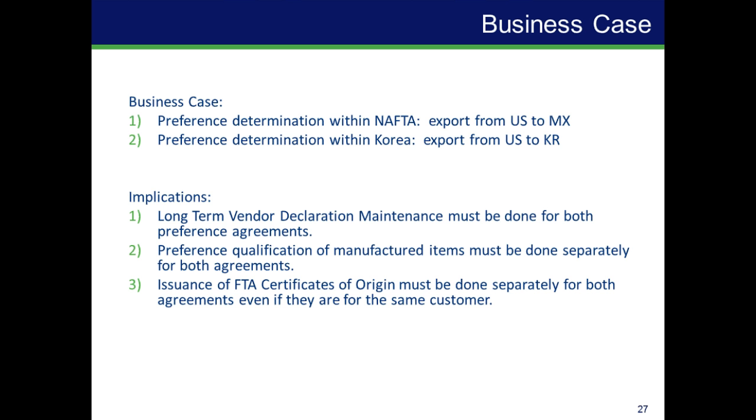And then you would have to issue free trade agreement, FTA certificates of origin, such as NAFTA certificate of origin or other statements separately for both agreements, even if they are for the same customer. So you'll need to ensure that you've got separate forms mapped and laid out for those and issue those separately.